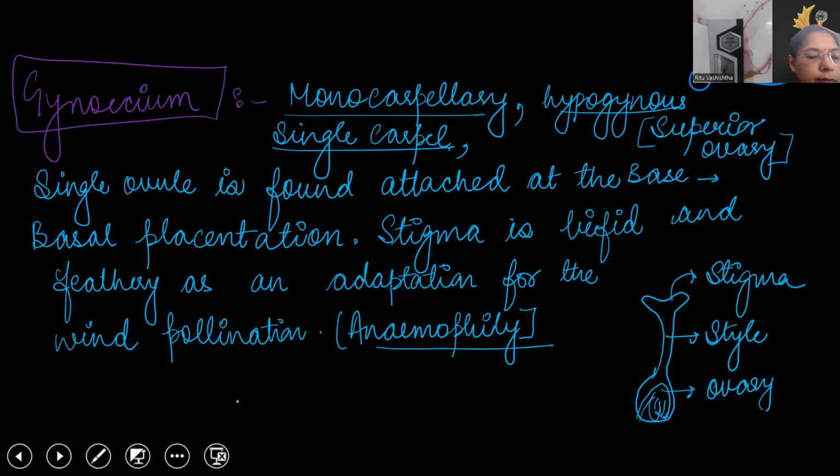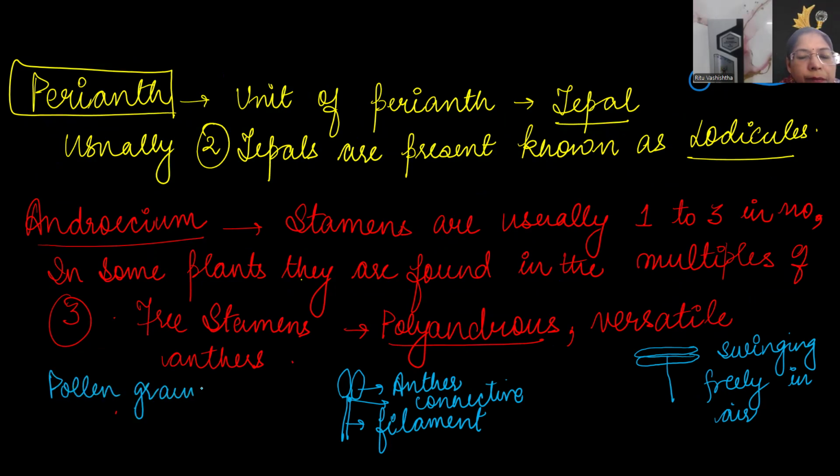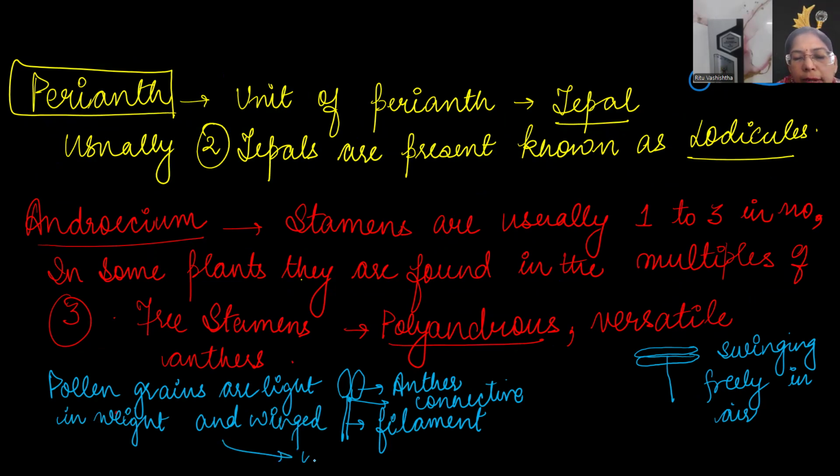Here, you will find they're quite large in number and light in weight so that they get easily carried away by the wind. Pollen grains are light in weight and winged. This is also an adaptation for which type of pollination? This is also an adaptation for wind pollination.